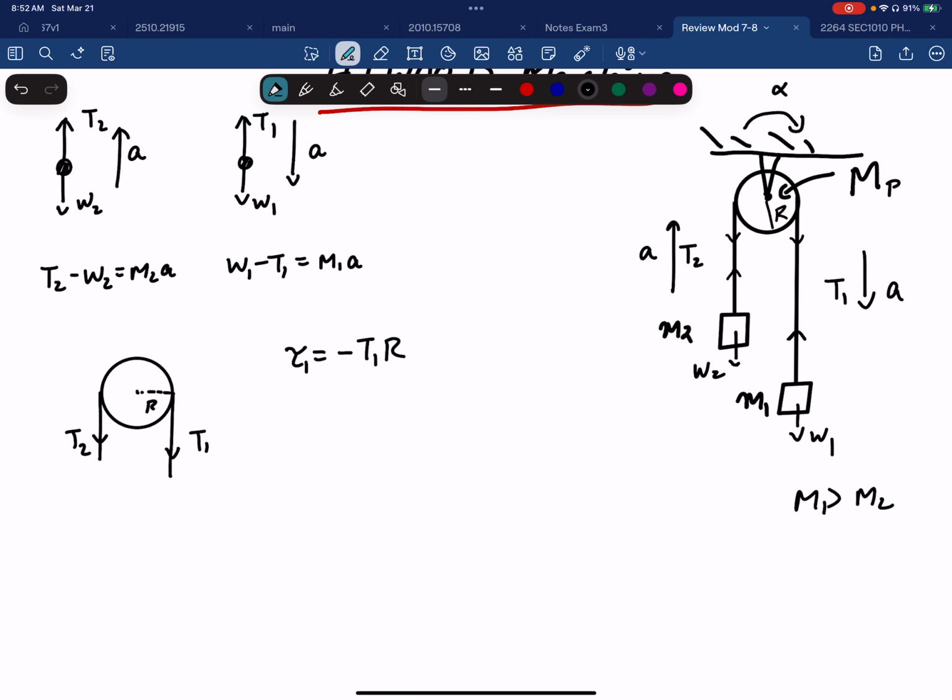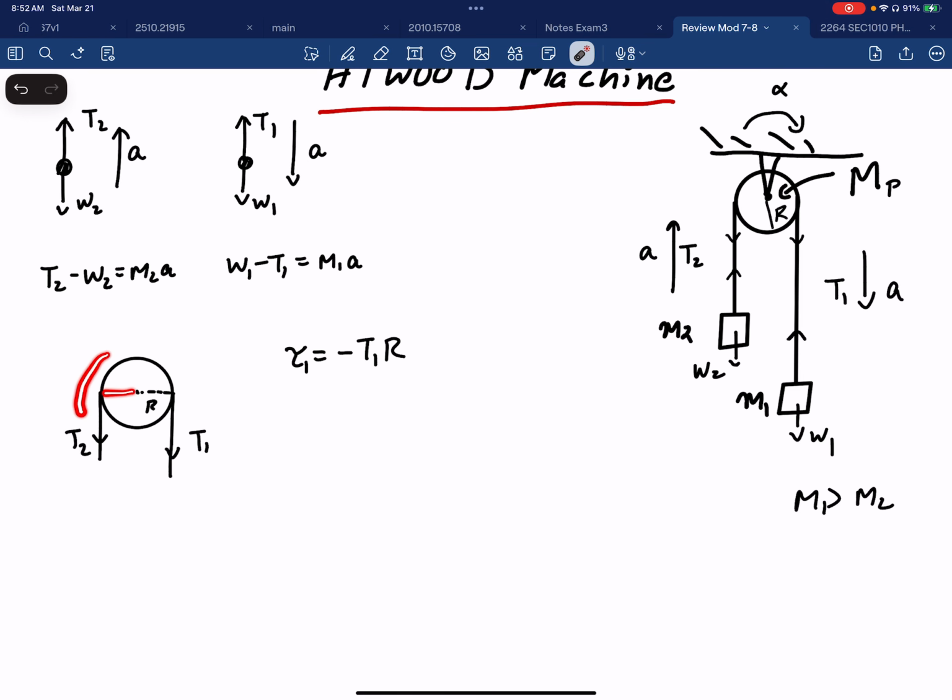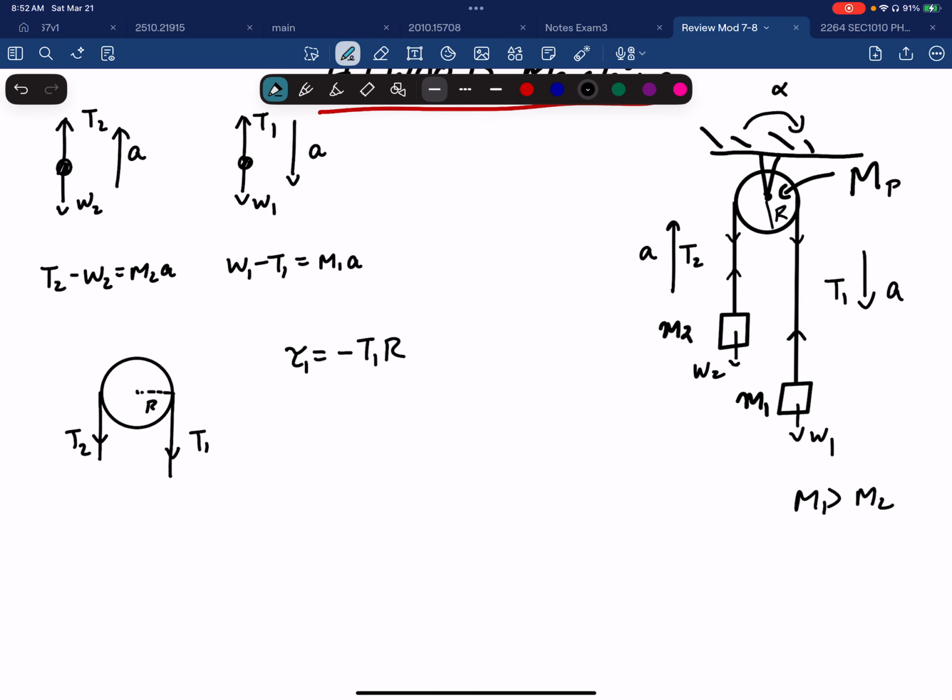However, my T2 again is tangential. The torque due to 2 is trying to pull it in the counterclockwise direction.